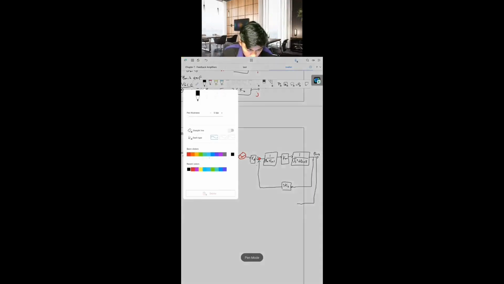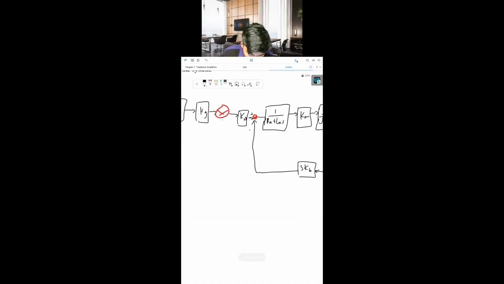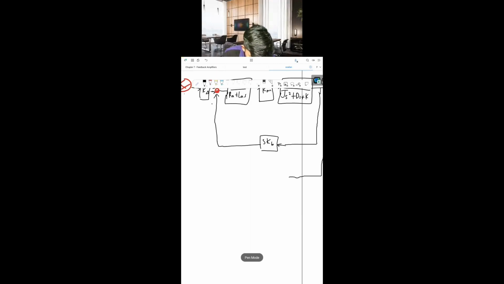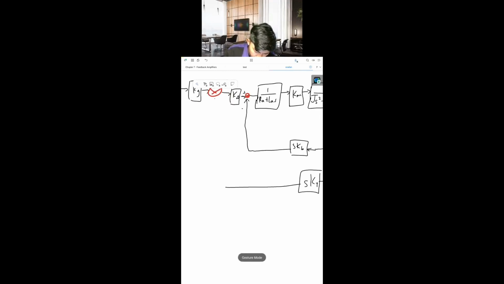Now the second feedback is from the output, which is with the tachometer, s K_T, and we connect it to the second feedback summing point here, which is negative and positive.